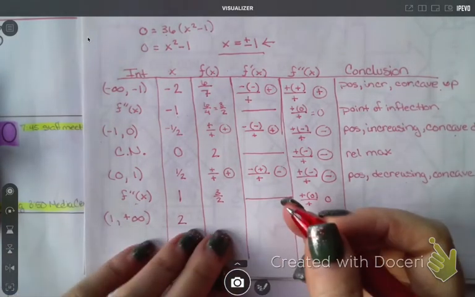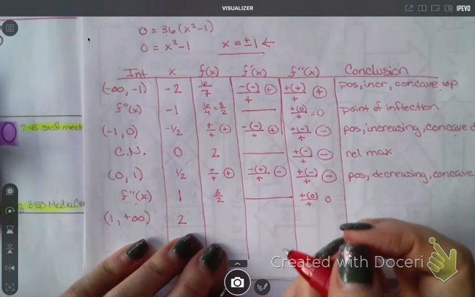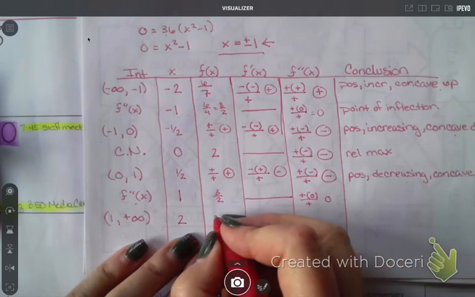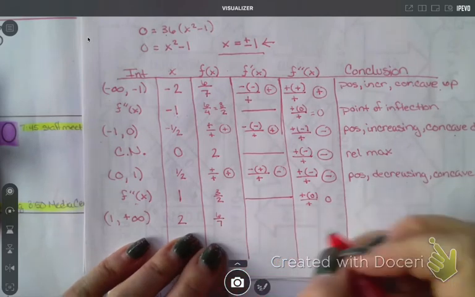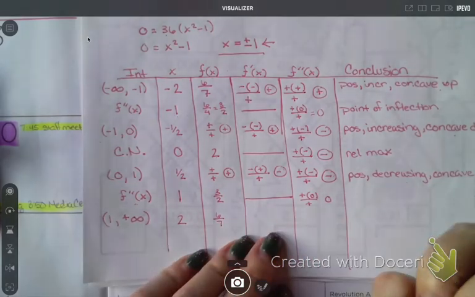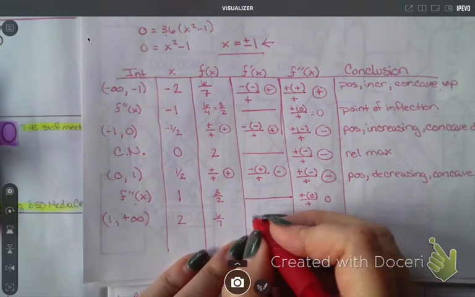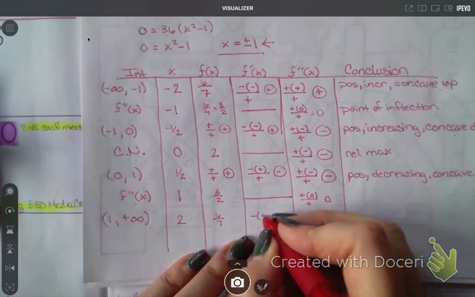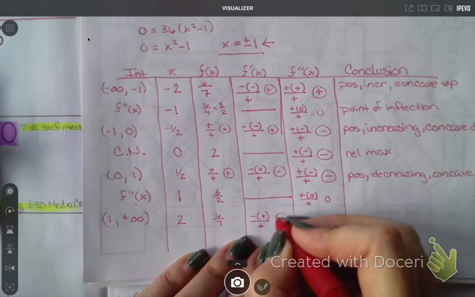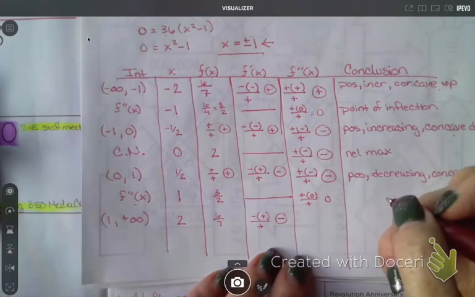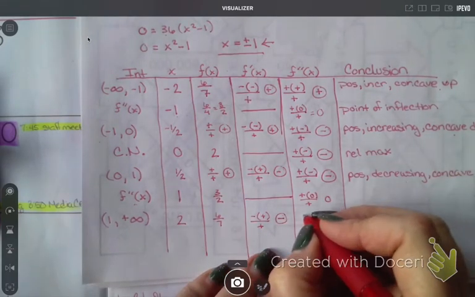Okay, so if we plugged in positive 2, I'm assuming we get 6/7 again, wouldn't we? In the first derivative, we would get a negative times a positive over a positive, so I get a negative. In the second, what do I get?